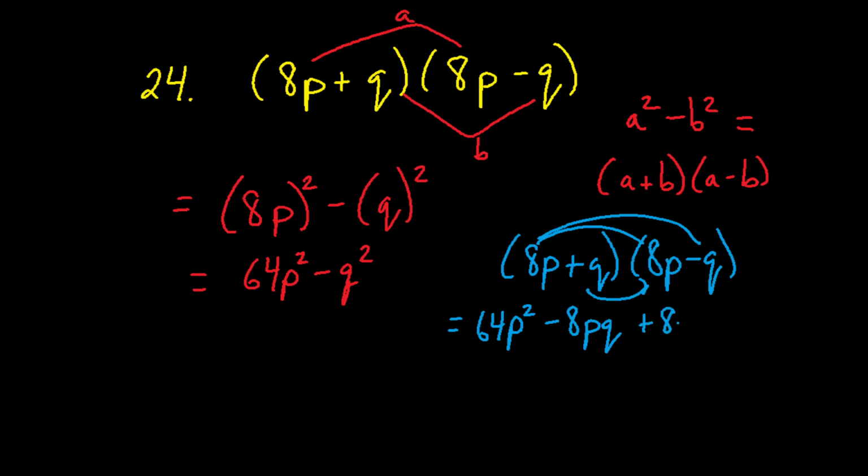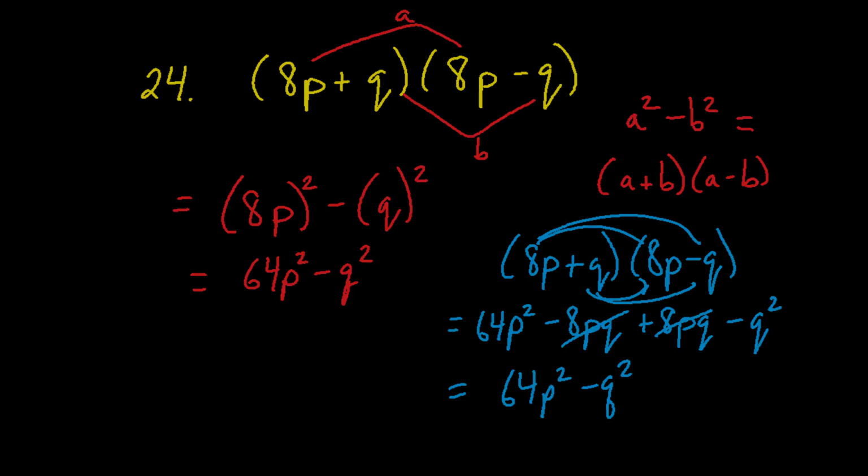So 8pq, and then minus q and positive q multiplied gives us minus q squared. So it's the next step. These two opposites, -8 plus 8 is 0, so those drop out, and we get 64p squared minus q squared. So either one of these is correct. It's just up to you what way you would like to do the problem.